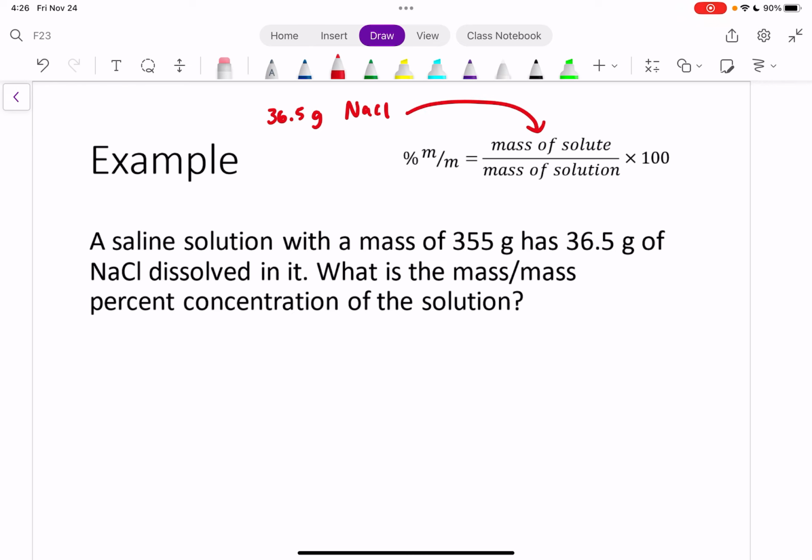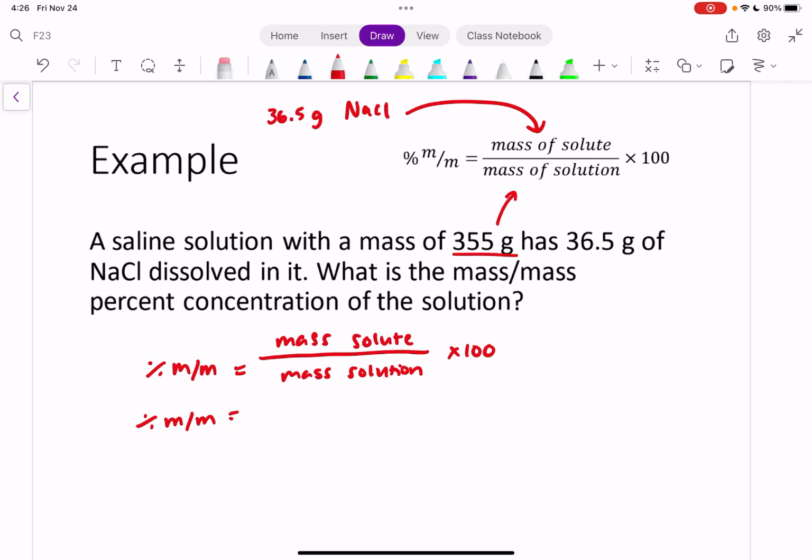And then what's the mass of our solution? Well, that was given to us, right? It says a saline solution with a mass of 355 grams. So that goes here. So in order to calculate this, let's copy this down here. We have the mass of our solute over the mass of our solution, and then times 100.